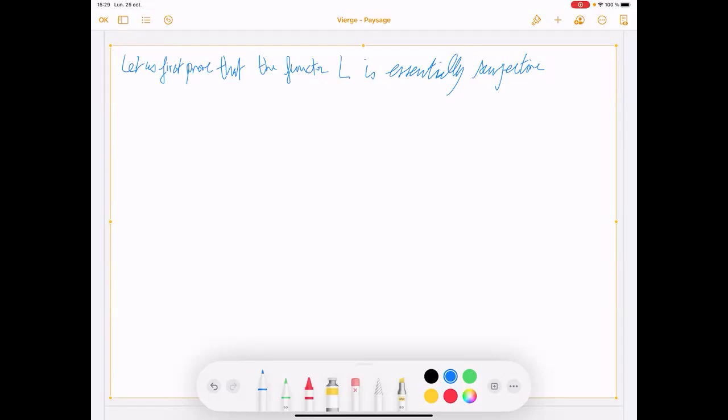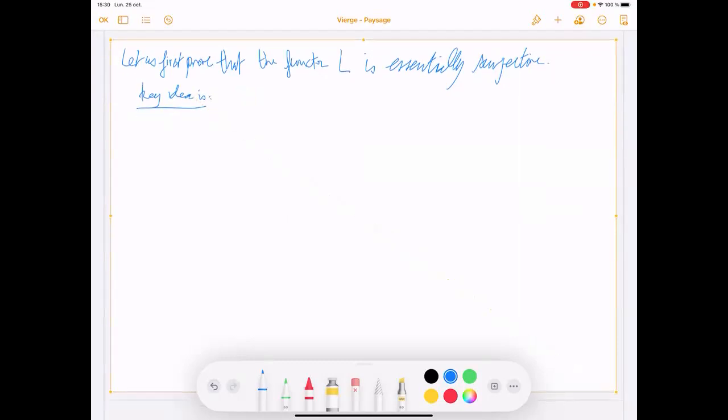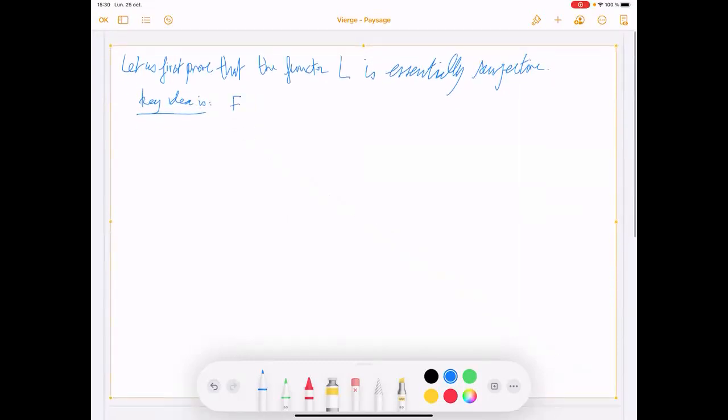The key idea is this. Here it's not F, it's L. If you have an object of C prime, each object is a couple (F, c).